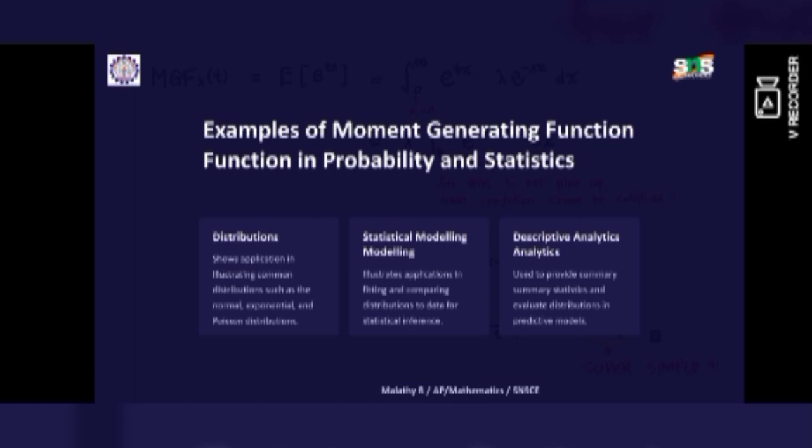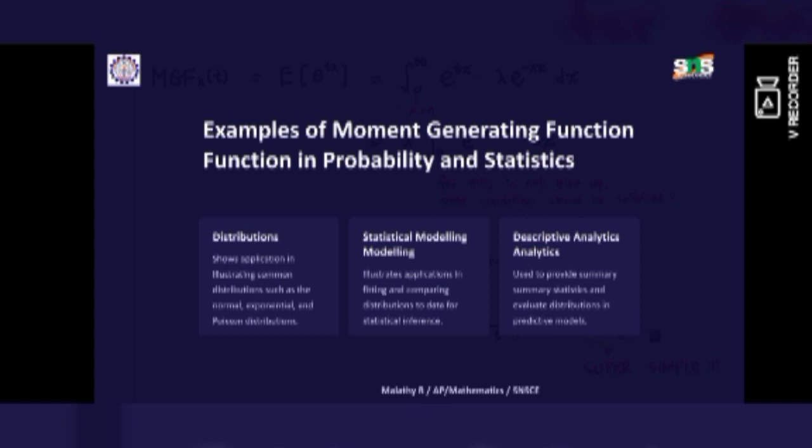Then examples of moment generating function: in probability and statistics it shows application in illustrating common distributions such as normal, exponential and Poisson distributions. Statistical modeling illustrates the application of fitting and comparing distributions to data for statistical inference, used to provide summary statistics and evaluate distributions in predictive models.